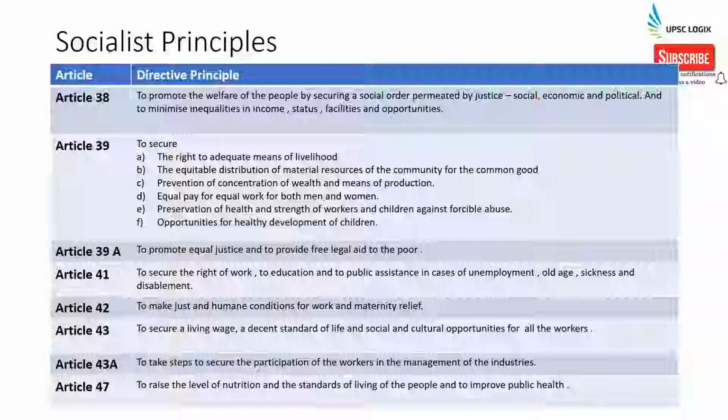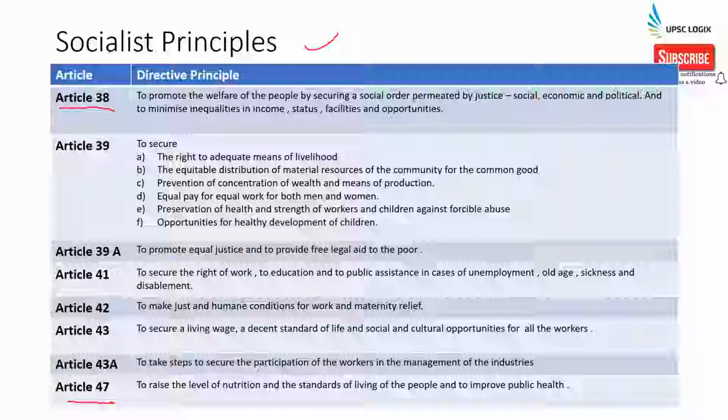So the socialist principles are basically the principles that reflect the ideology of socialism, and they lay down the framework of a democratic socialist state which aims at providing social and economic justice and sets the path towards a welfare state. So let us have a look at all the articles, which are Article 38 to Article 47 and are a part of the socialist principles.